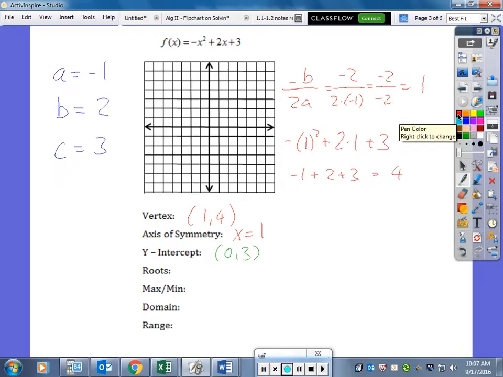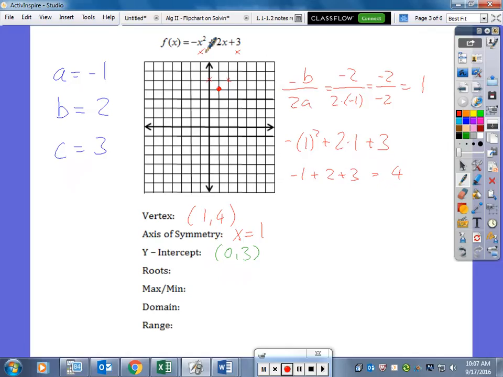So our parabola has a vertex at (1, 4). Now normally we would go 1 to the right, up 1, 2 to the right, up 4, 1 to the left, up 1, and 2 to the left, up 4. Remember? Now, as you can see, a is negative 1. That means our parabola gets flipped downwards.